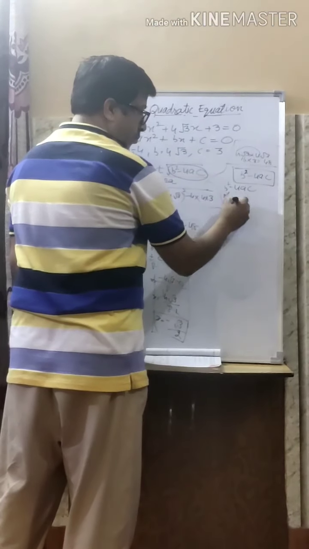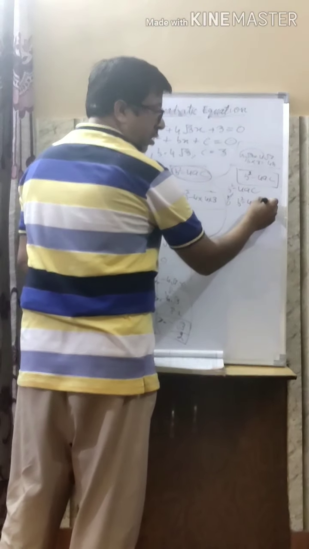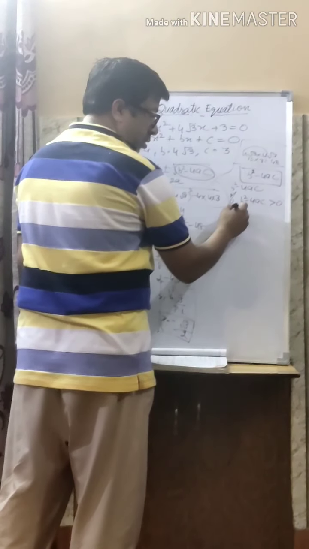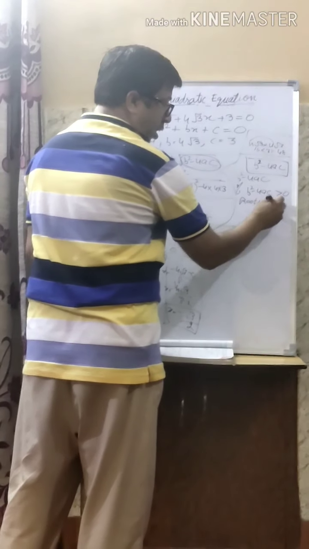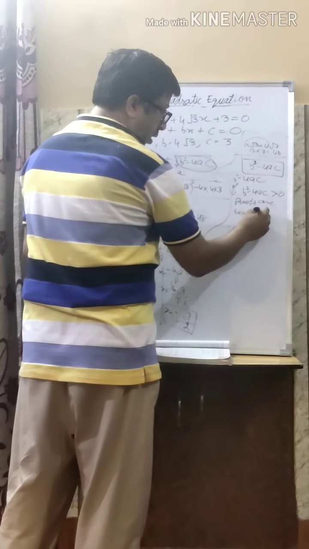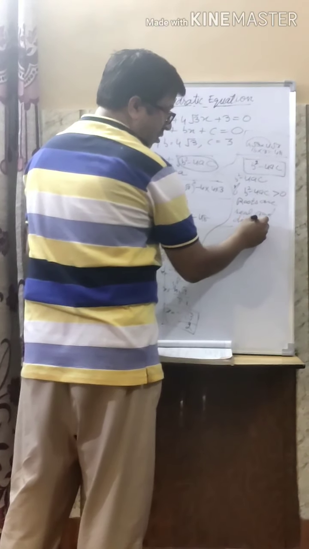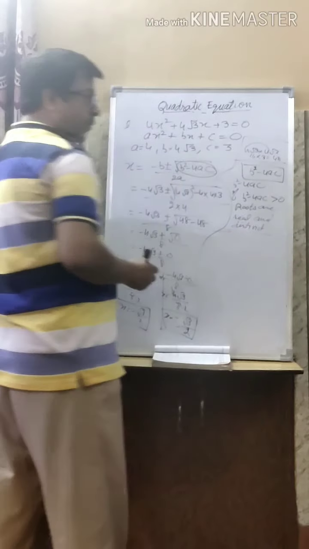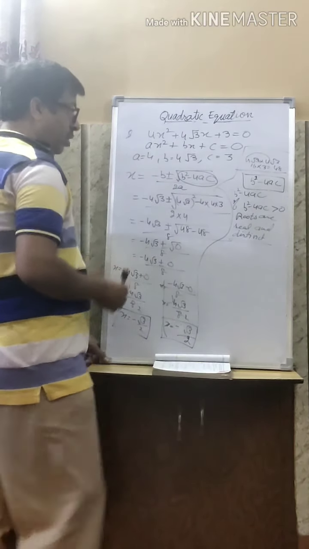If b square minus 4ac is greater than 0, then what do you say? Roots are real and distinct. Distinct means different. First you find out b square minus 4ac in this way.